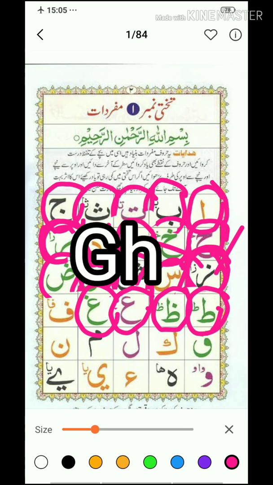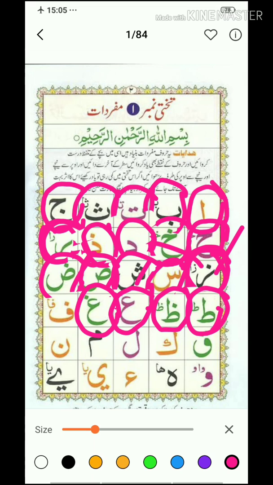So we pronounce this letter as ghain. The previous one was ain, and this one is ghain. Ain, ghain, ain, ghain.